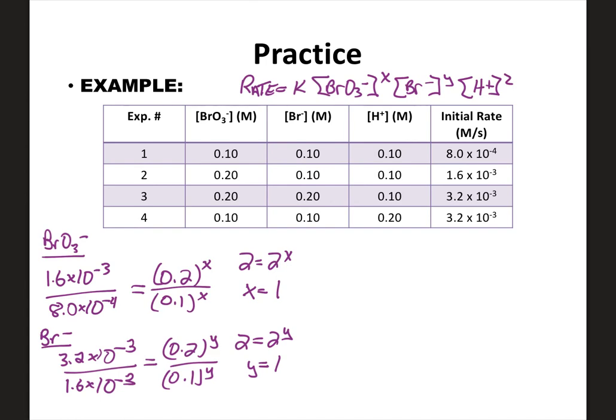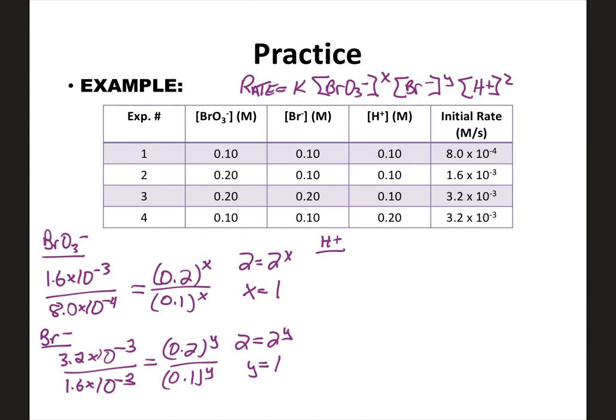But I still have one more reactant to go here. Now I have the H plus. Again, though, you have to figure out where the other two are constant, but the concentration of the H plus is actually changing here. So it looks like the concentration of the other two are going to be constant in experiments 1 and 4.